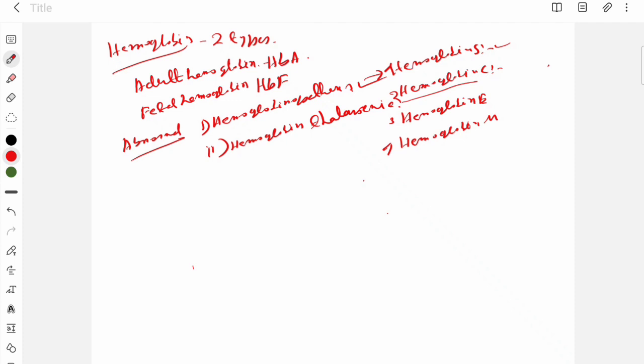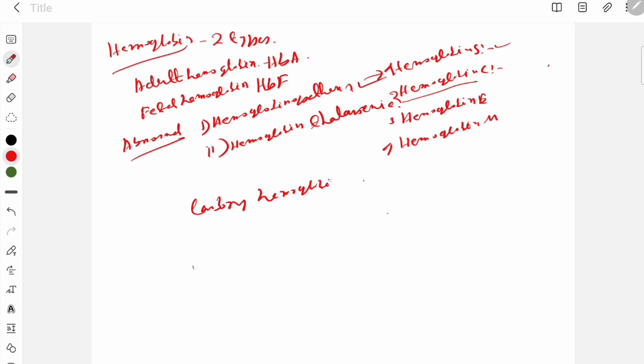Now, there are certain abnormal hemoglobin derivatives formed by carbon monoxide poisoning or due to some drugs such as nitrates and sulfonamides. One is carboxyhemoglobin.